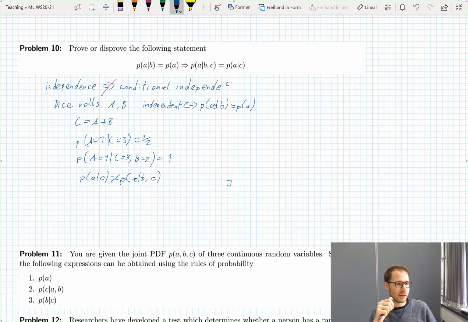Another example of this would be if you have a university and you admit students, and like in the US, students are either admitted via their sportsmanship or via academic excellence, like they have good grades. Now, if you know that someone is admitted, you don't know why they are admitted, right?